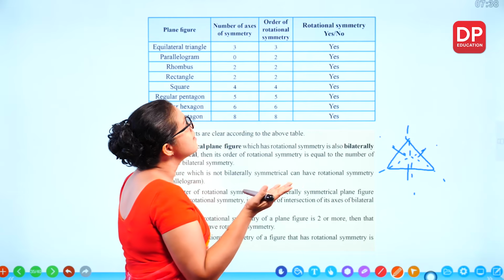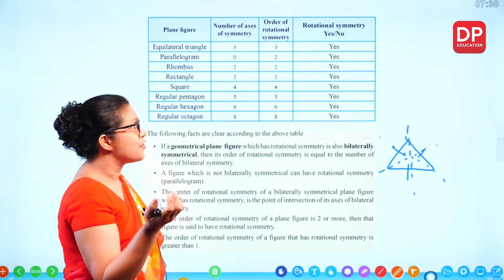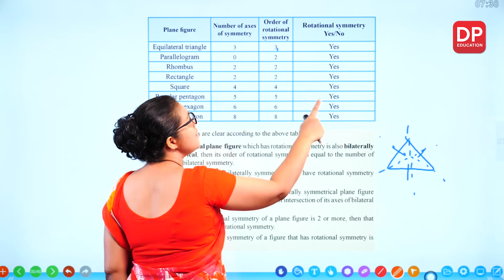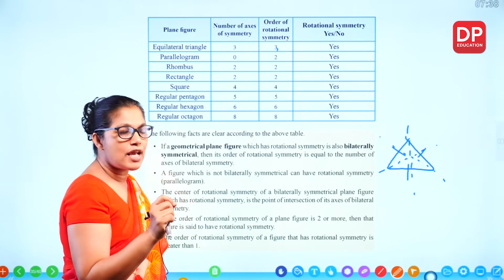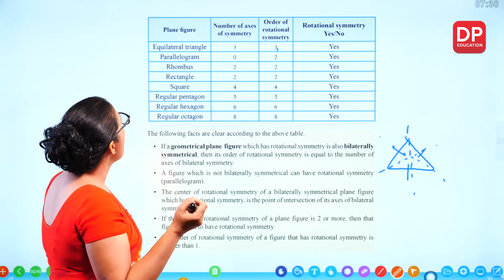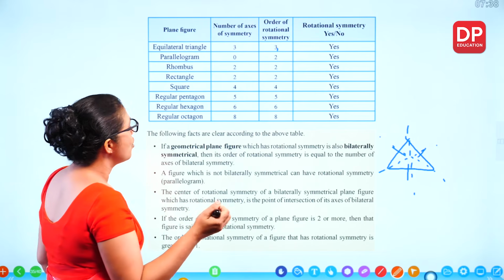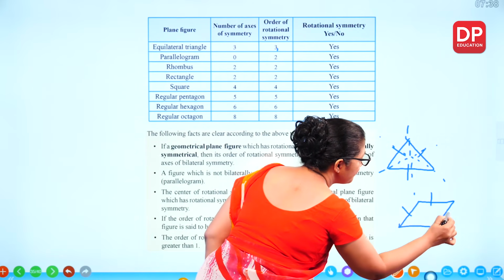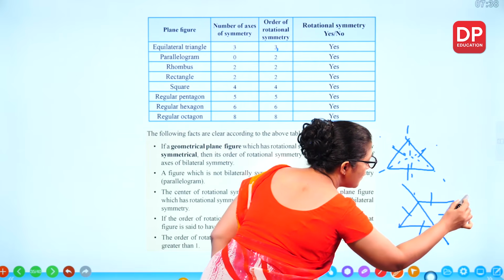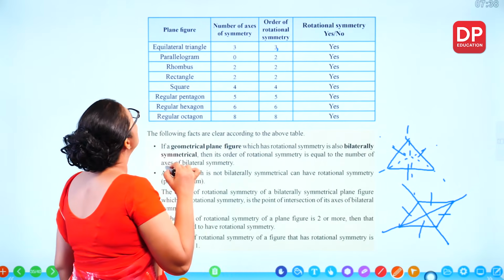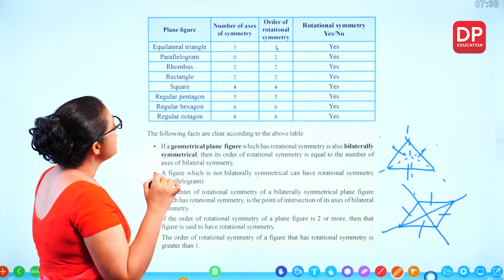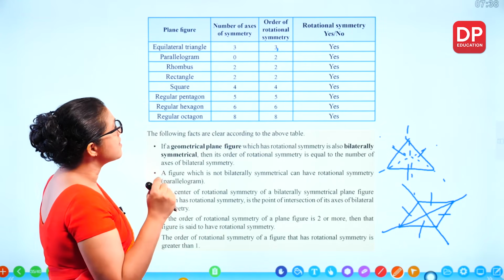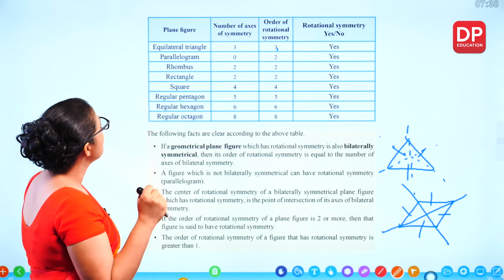And yes, rotational symmetry is there. If this is more than 1, we say there's a rotational symmetry. Rhombus, you get 2. Rhombus means all sides are equal. So you get this way and this way. 2 axes of symmetry, and order is also 2, when you rotate 180 and 360, you get the same shape.